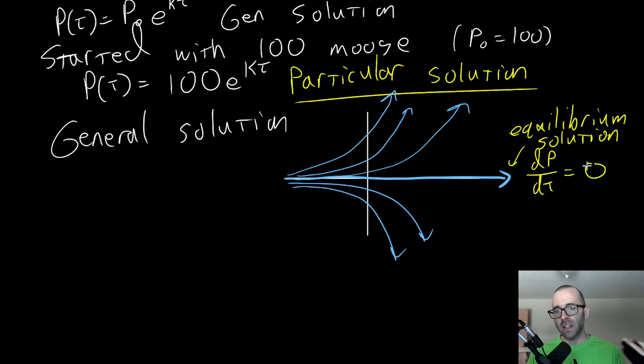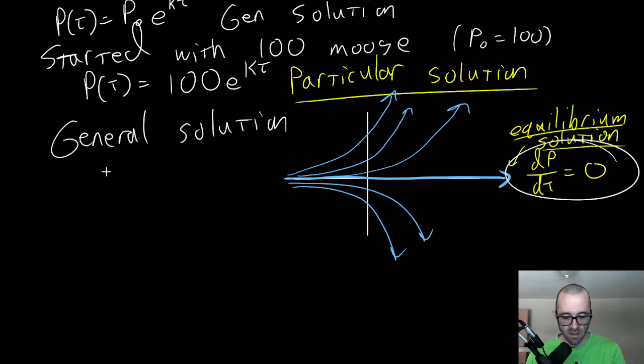Equilibrium is balance, right? It's some level of stability. Specifically, when we talk about equilibrium solutions, we'll talk about when the derivative is constant, when things are not changing. And this is specifically for our first order differential equations that work like this. And we can find this equilibrium solution with this condition.